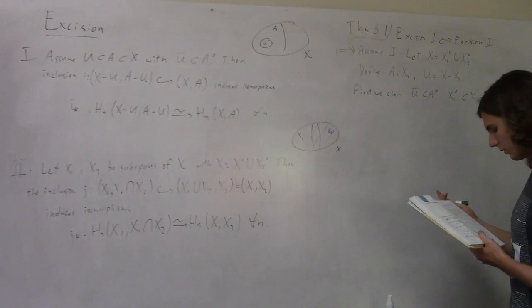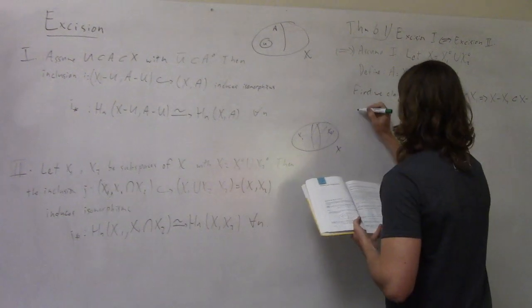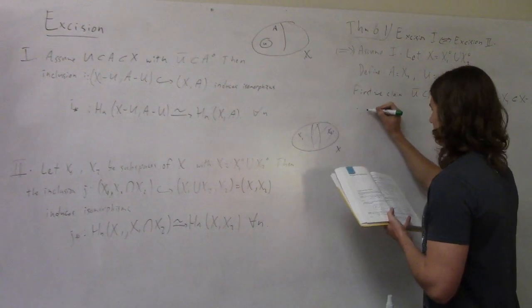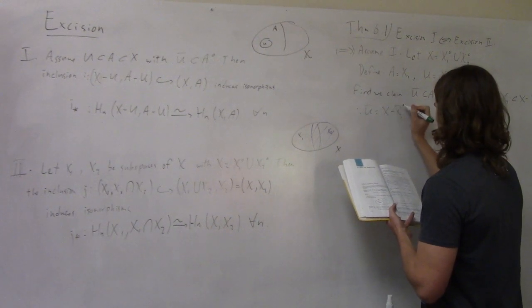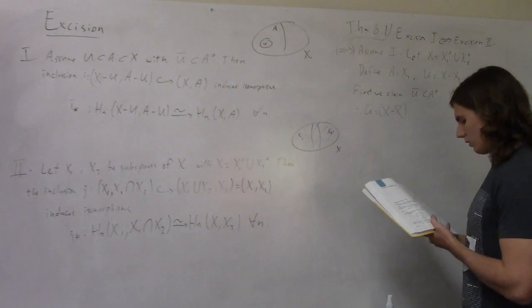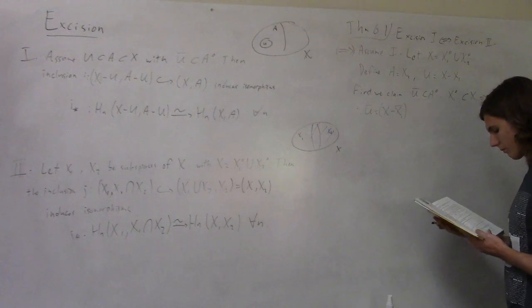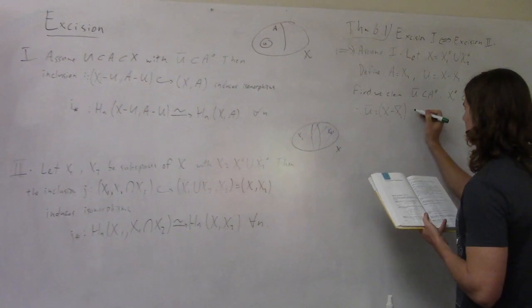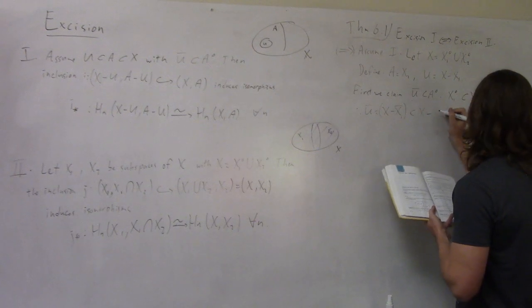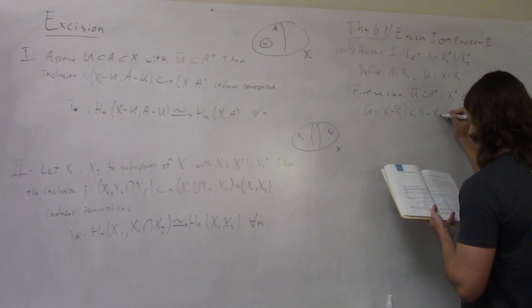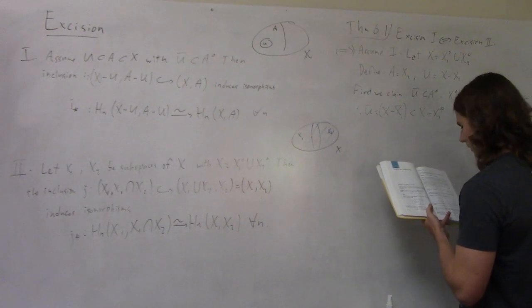It's pretty straightforward. Hence, U bar is equal to X minus X1 bar. U bar, is that the closure of U? Yeah, it was the closure. Okay. Which is a subset of X minus the interior of X1.